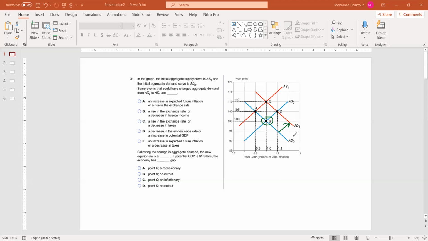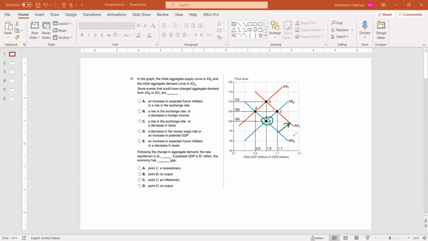Now, what are the events that could have caused aggregate demand to shift to the right? Or what are the events that could have caused an increase in aggregate demand? Is it an increase in expected future inflation? What do you think?